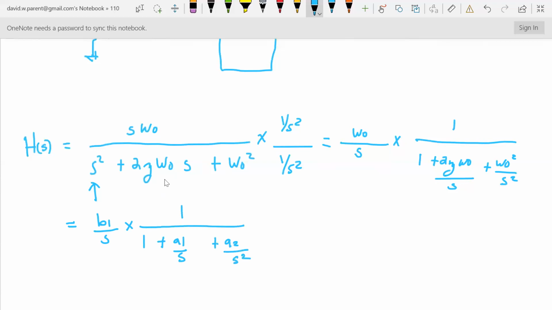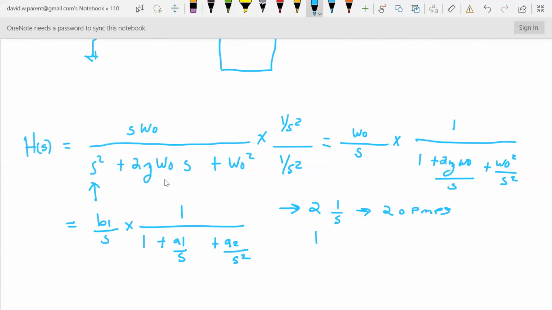Now, just looking at it, the order is 2, that means we need 2 integrators, 2 op amps.